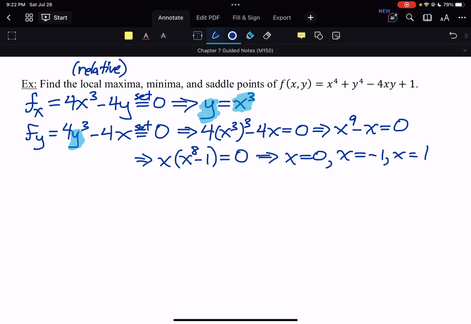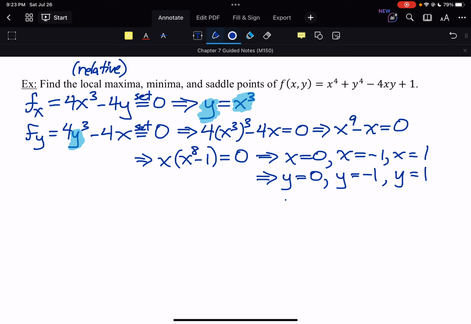We need to find the y values that correspond with these. So just sub back into here. So y will be 0 cubed. Y will be negative 1 cubed, which is negative 1. 1 cubed is 1. So it turns out the y values in this case will all match their corresponding x values.